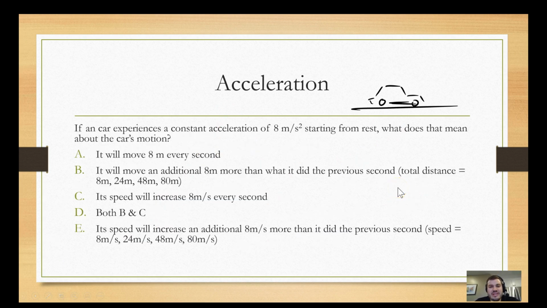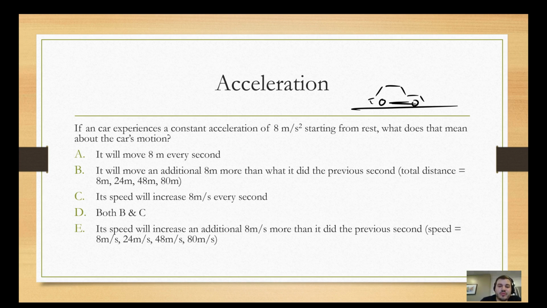Now we've used the acceleration equation. Let's also make sure we're comfortable with what this term acceleration means using this question. If a car experiences a constant acceleration of 8 meters per second squared starting from rest, what does that mean about the car's motion? Option A says it will move 8 meters every second.